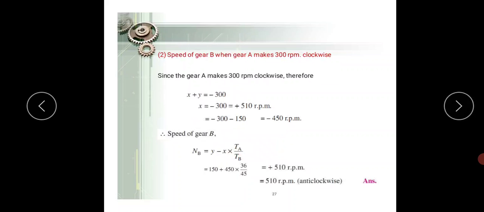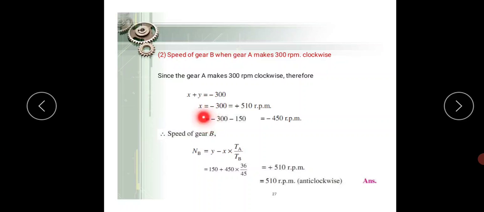Now the second step: the speed of gear B when gear A rotates at 300 rpm clockwise. Since gear A makes 300 rpm in the clockwise direction, x plus y equals minus 300.